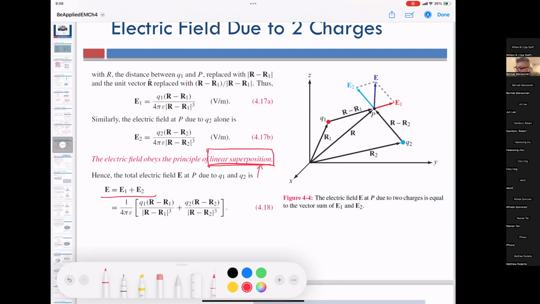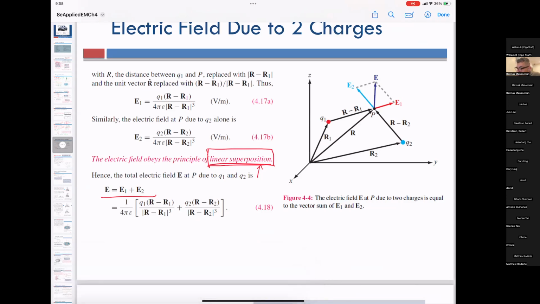And this turns out to be a very, very useful behavior of the electric field. Basically what it says is the electric fields are not really interfering with each other. You can just assume that each charge is sitting there by itself, calculate its electric field, and to find the total electric field, you sum all the electric fields up.